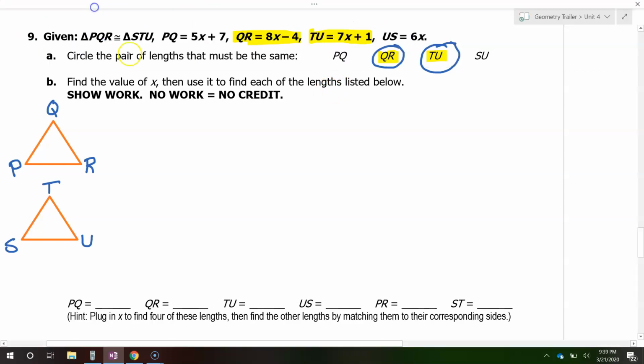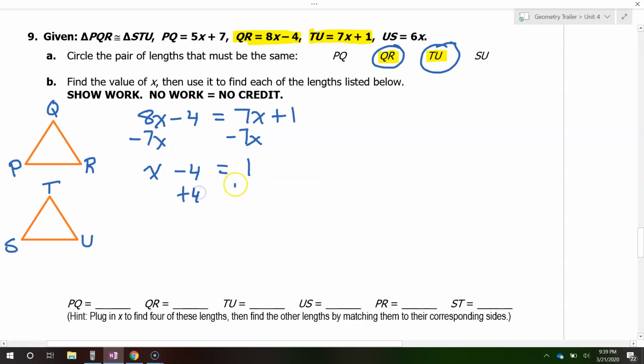So we can go ahead and set those equal to each other, and that will give us 8x minus 4 equals 7x plus 1. If you subtract 7x from both sides, that's going to give you x minus 4 is equal to 1. Now add 4 to both sides, and you get x is equal to 5.